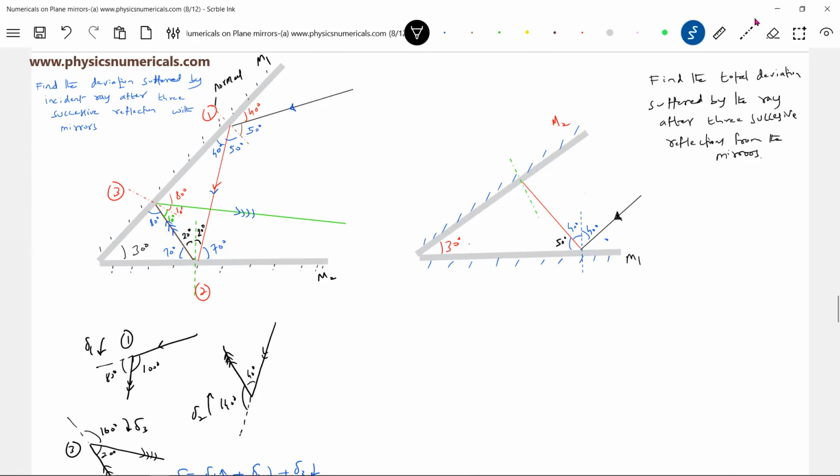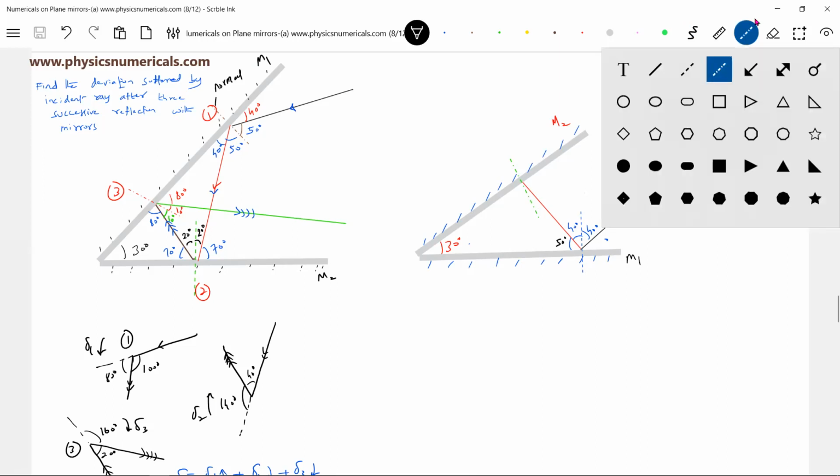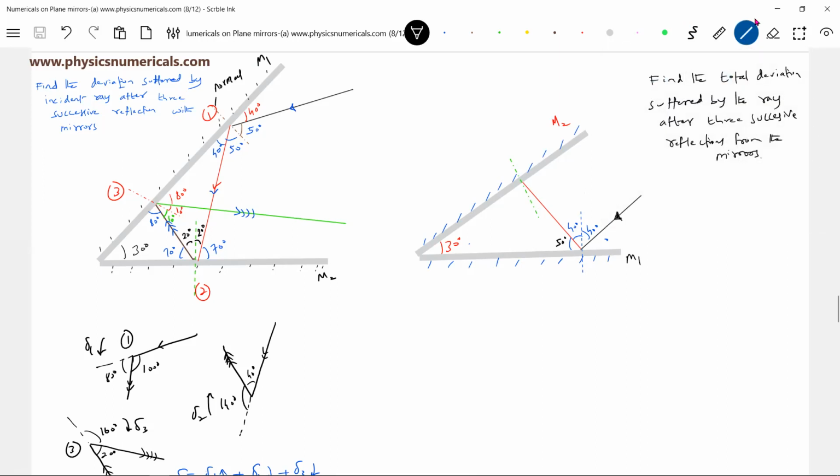Find the total deviation suffered by the ray after 3 successive reflections from the mirror. This was the question that is asked for us. So there's a 50 degrees it happened. Okay, then one more reflection will take place. We'll take this one. The ray will come here.